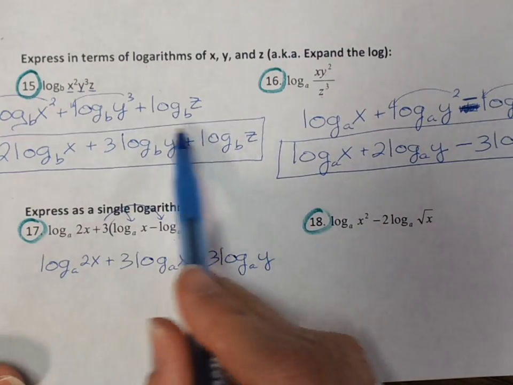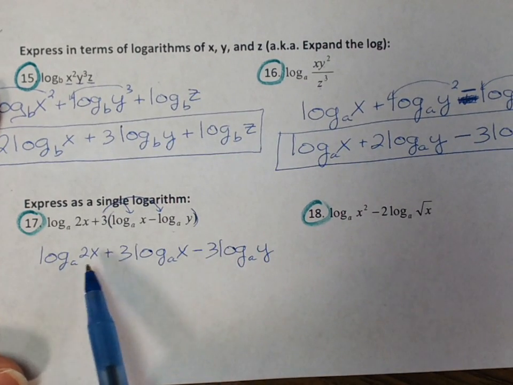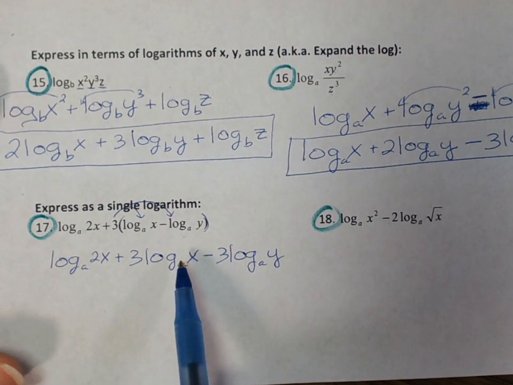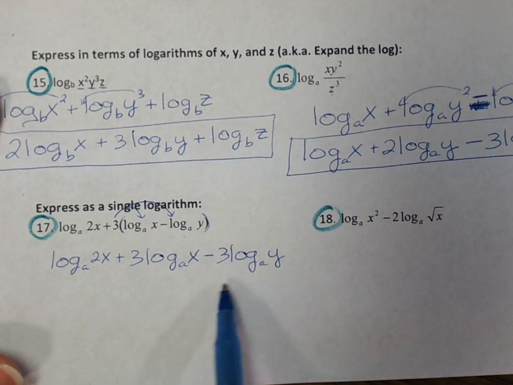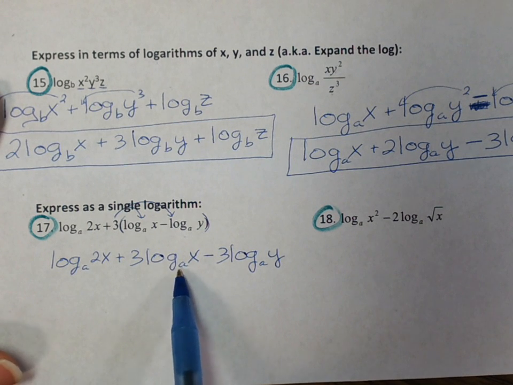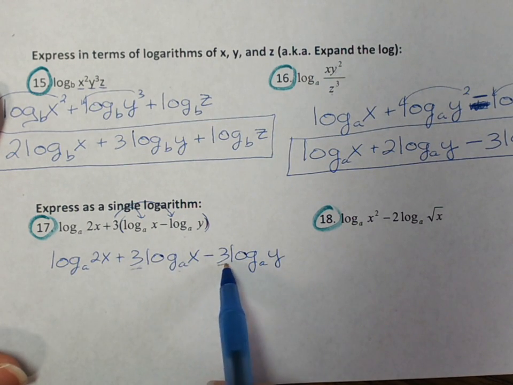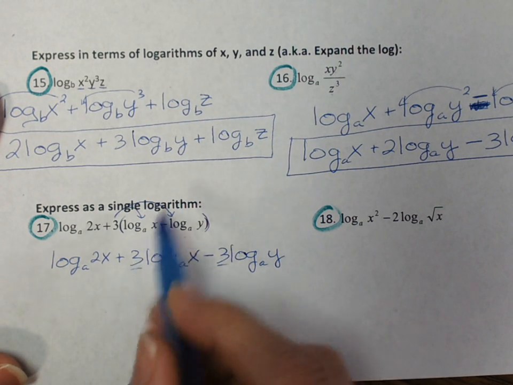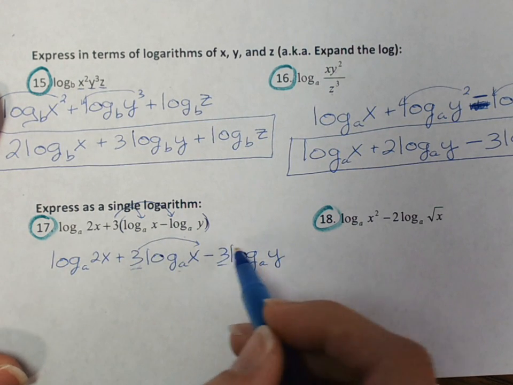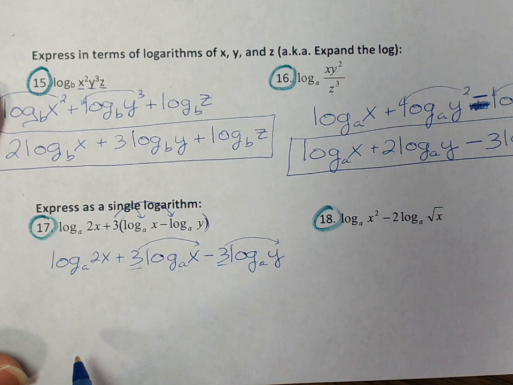Now I'm going backwards from what I did in 15 and 16 because now they're wanting me to combine this into a single logarithm. So to combine it into one log base a, I've got to get rid of these guys right here. So I'm going to pull those back in as exponents. So I'm going kind of the opposite direction.